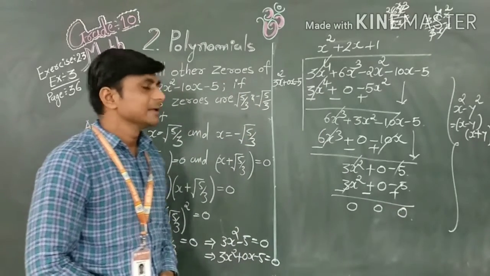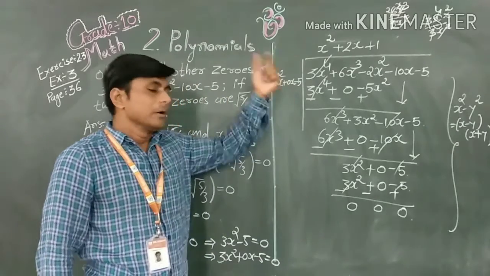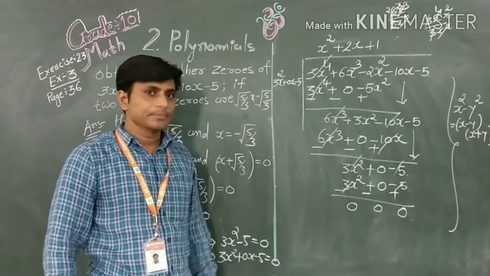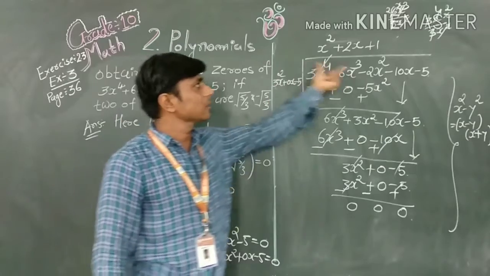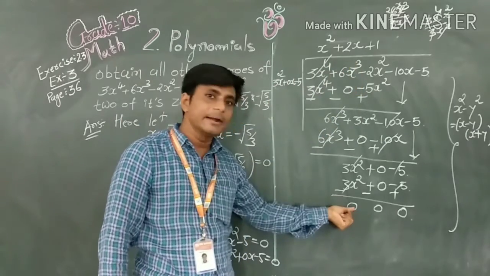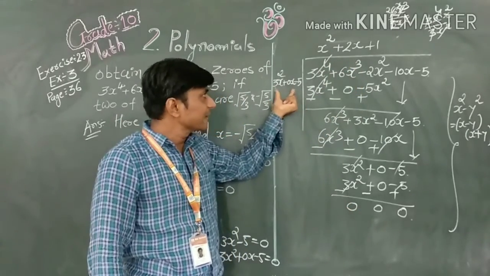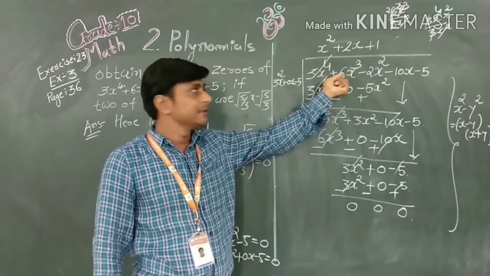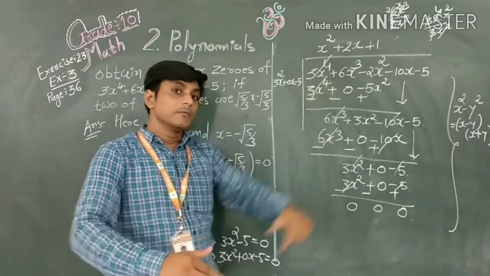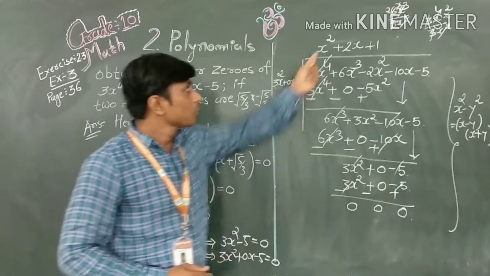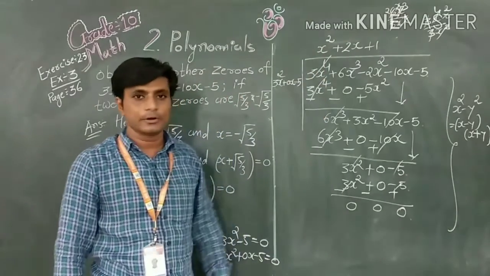What does that mean? In the previous example we checked that the divisor is a factor of this one. Here also we have remainder 0. That means this is a factor of this dividend polynomial. One more thing here, the quotient is also a factor of the given polynomial.